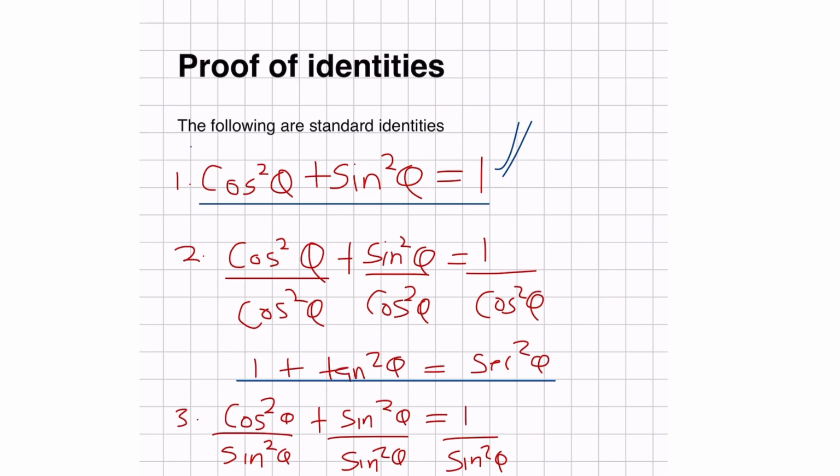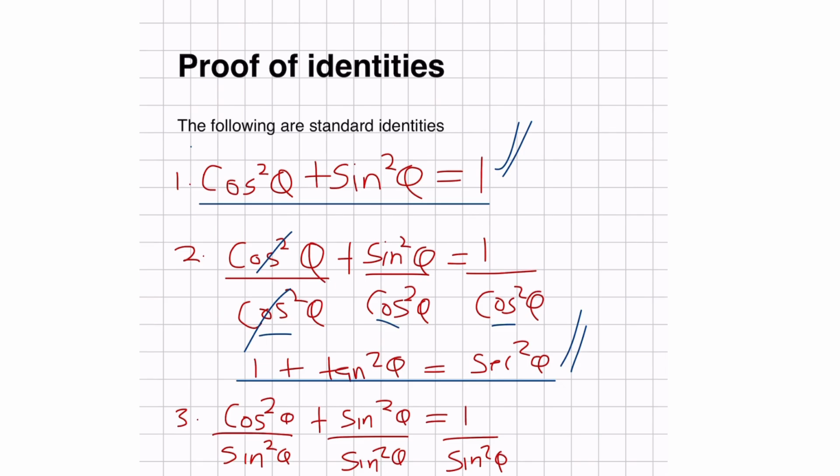If we divide the whole equation by cos squared theta, we ultimately get 1, plus sine squared theta over cos squared theta, which is equal to tan squared theta. Then 1 over cos squared theta is equal to sec squared theta. This is our second standard identity.